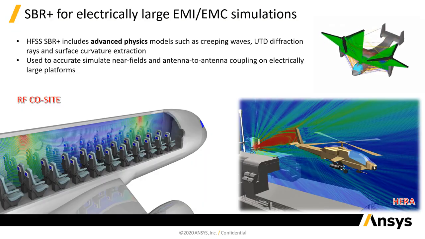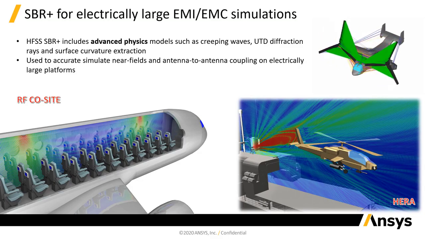If we need to simulate models that are extremely electrically large, which means that they are big in physical size, and we need to simulate that at a very high frequency, we need to move from full wave to asymptotic techniques like shooting bouncing rays plus.